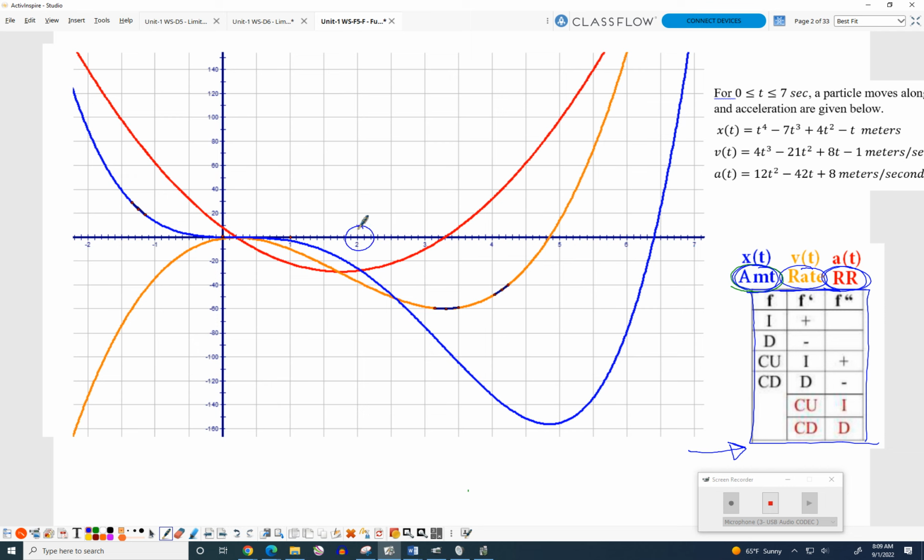The blue graph is representing the position of the particle. On the AP Calculus test, they like to use the symbol x of t to represent position. If I'm looking at time 2, I would be talking about the position of the particle at time 2. And this graph will tell me the position of the particle at time 2.